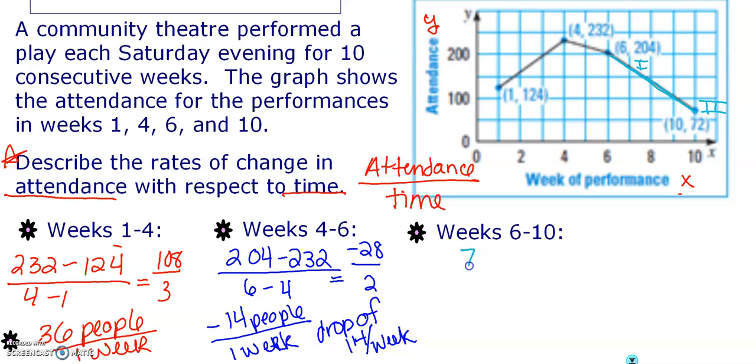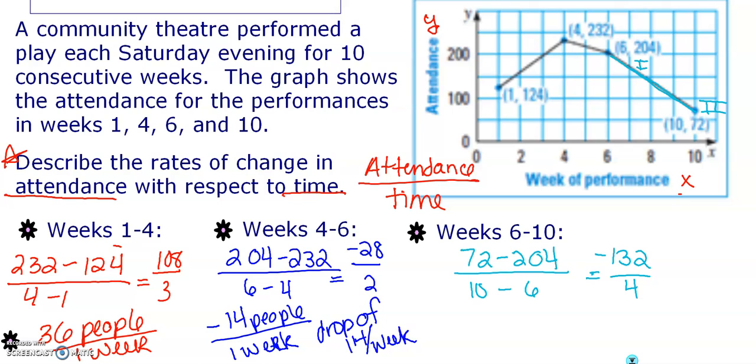So I have 72 minus 204 over 10 minus 6. I know on the bottom I have 4. And let's see, when I do 72 minus 204, we have a drop, a change of negative 132. Again, we don't want to know how many people are decreasing in attendance every 4 weeks.